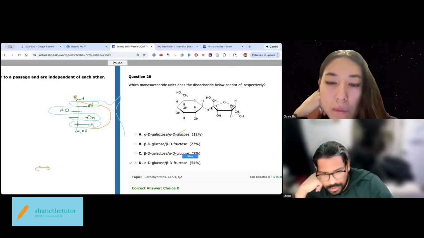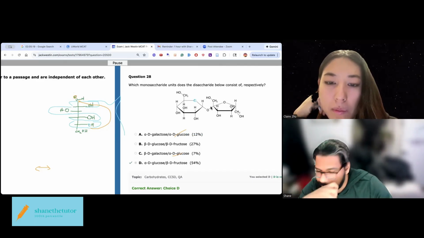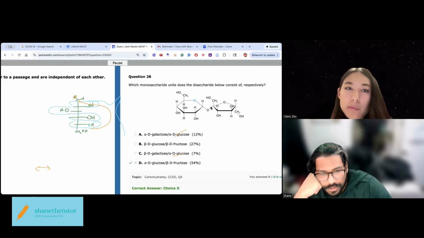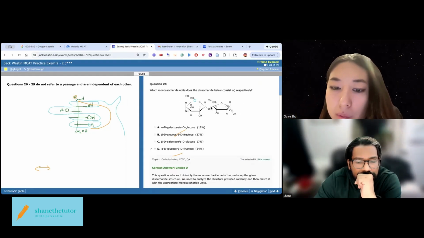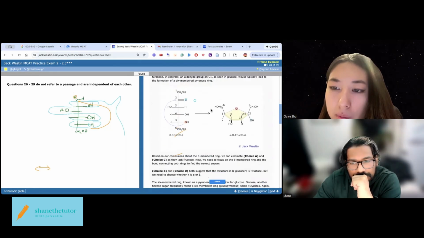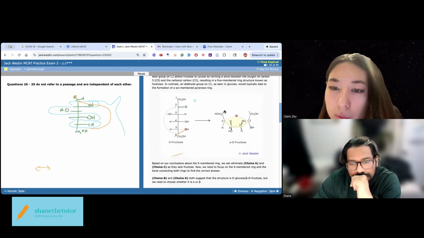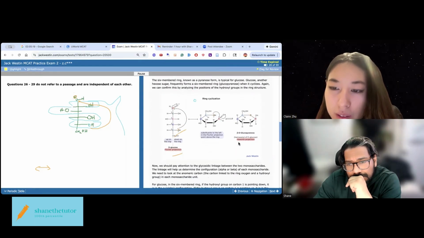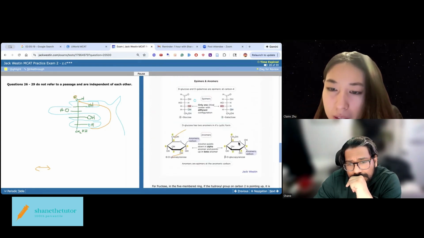Okay, so we can get rid of these, and then there's both beta, and one alpha and one beta. I thought it would be alpha fructose here, but I just wasn't sure why it's considered beta.